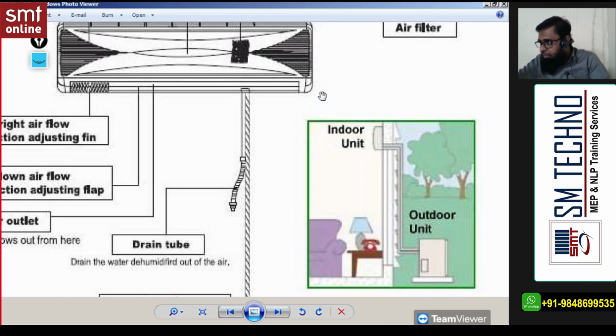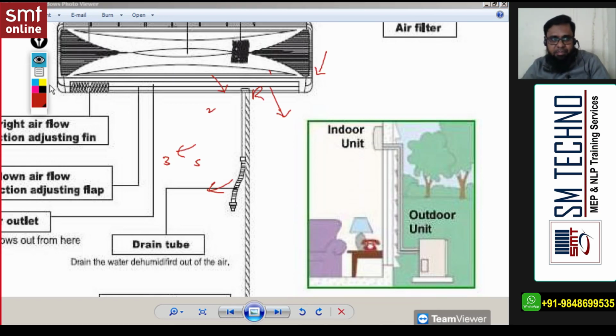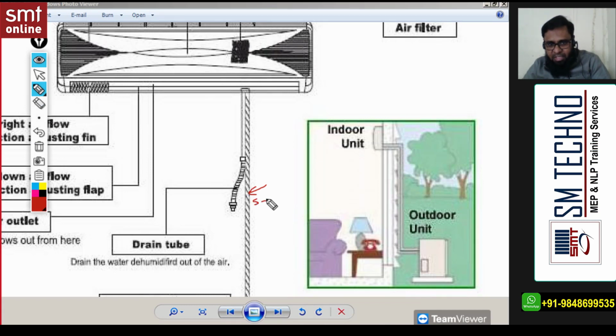So three pipes from the indoor: two pipes will connect to the outdoor copper pipe, and the third pipe is a drain pipe. You see here you'll find the suction plus liquid line together with the PVC. So two pipes are looking like one only, but the third pipe is here, the drain pipe, and the drain pipe is generally a PVC pipe. Okay, and why is the drain pipe required?